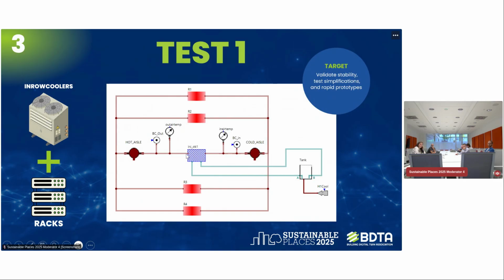And when it passes through the in-row cooler with the air of the rack, it returns to the tank at 20 degrees. And this is what we are discovering. So in this case, it's not heating, it's cooling, sorry, it's cooling the water. In reality, it's not like this. This is only a test. This tank doesn't exist. You cool the water in another machine, not here.